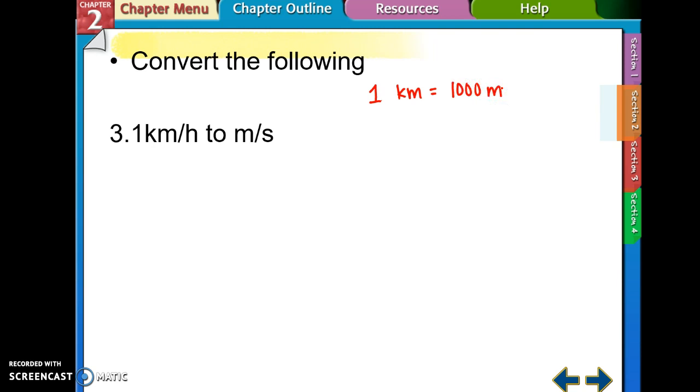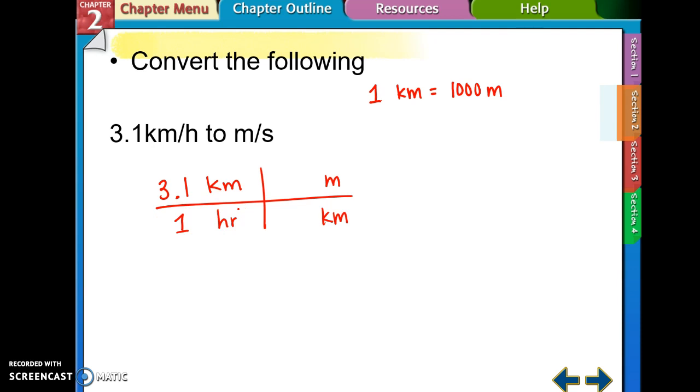Then I would write it as 3.1 kilometers, and I drop kilometers down here. I put meters right here. Below this, I'm going to write 1 hour. I'm going to leave that right there.